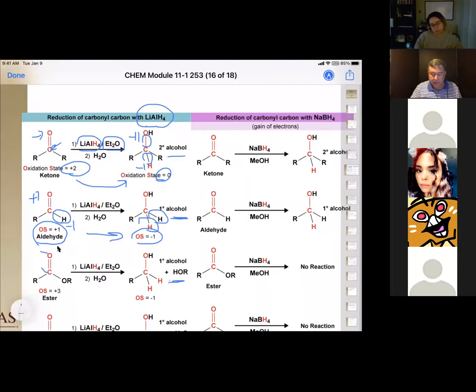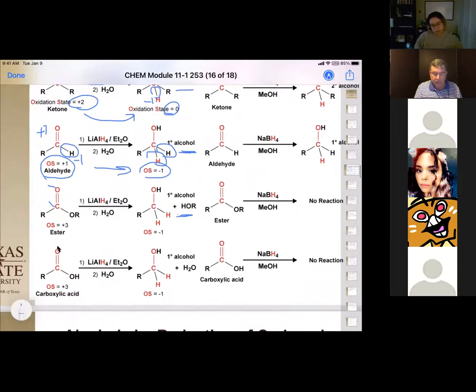Okay. And in the case of lithium aluminum hydride, we can even reduce down carboxylic acids. And again, it's going to reduce off the OH, and then it's going to reduce down the carbonyl and give us our primary alcohol. So notice, if we have anything other than a ketone, we're going to make a primary alcohol with an aldehyde, ester, or carboxylic acid using lithium aluminum hydride.